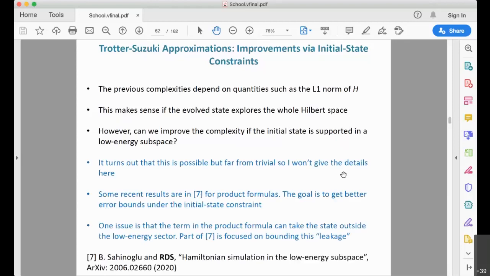In a recent work by Burak, a postdoc at LANL, and myself, we show that the error bounds for product formulas can be improved when you constrain your initial state to a low energy sector. We don't have to care about the whole norm of the Hamiltonian, because we never explore the whole Hilbert space.